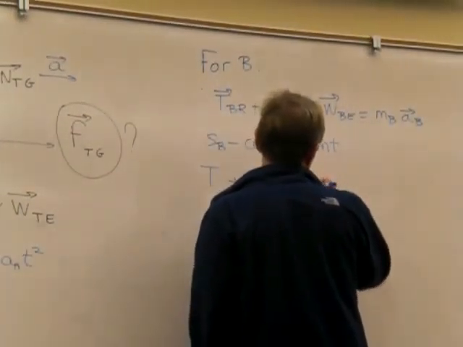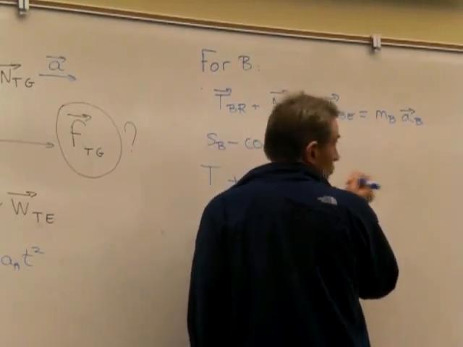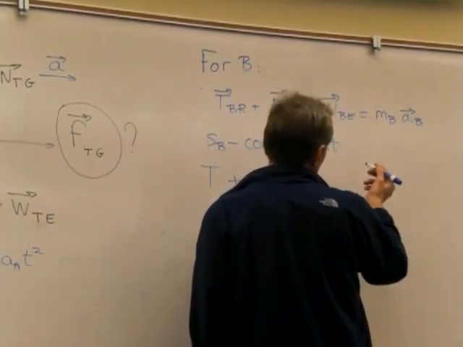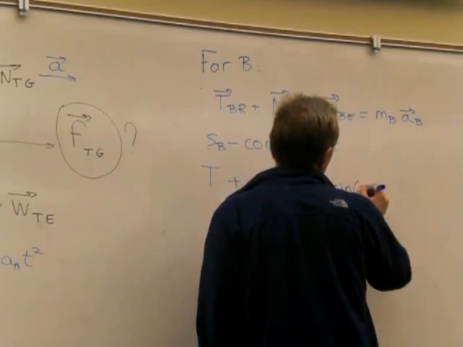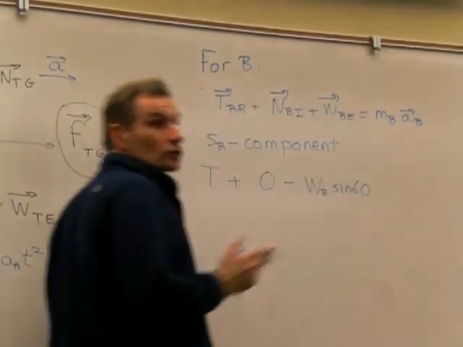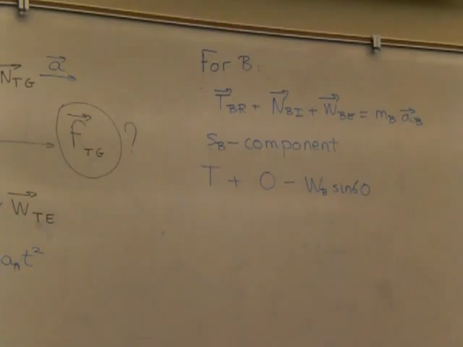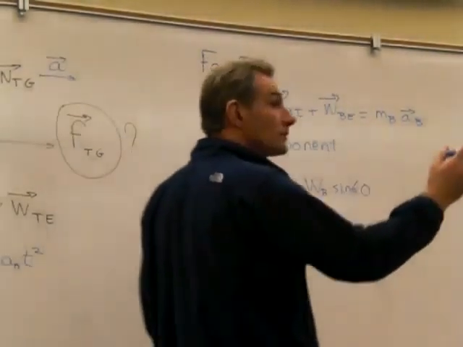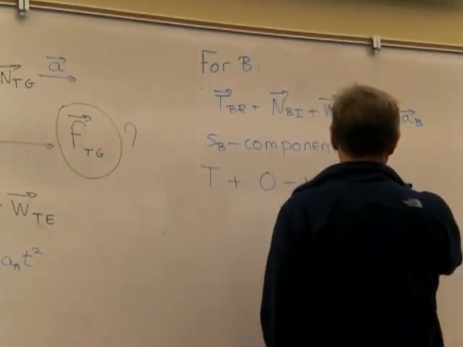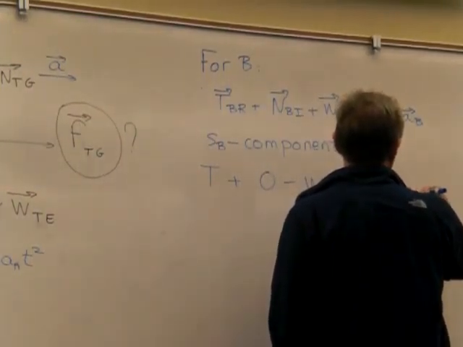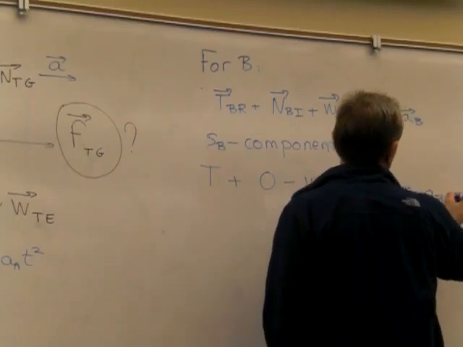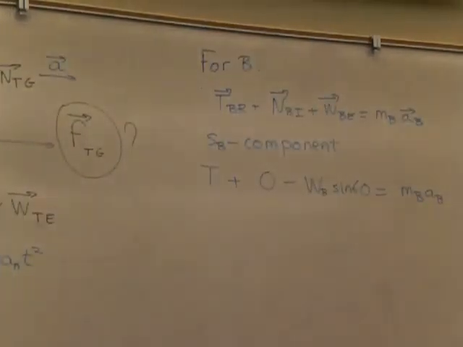So minus W_B cosine 30, or if you want, I can put a sine 60, because it's the same. This way we're going to get the sine 60 that we are talking about here. So this is equal to m_B times the acceleration of B, because the acceleration is of course along the SB axis.